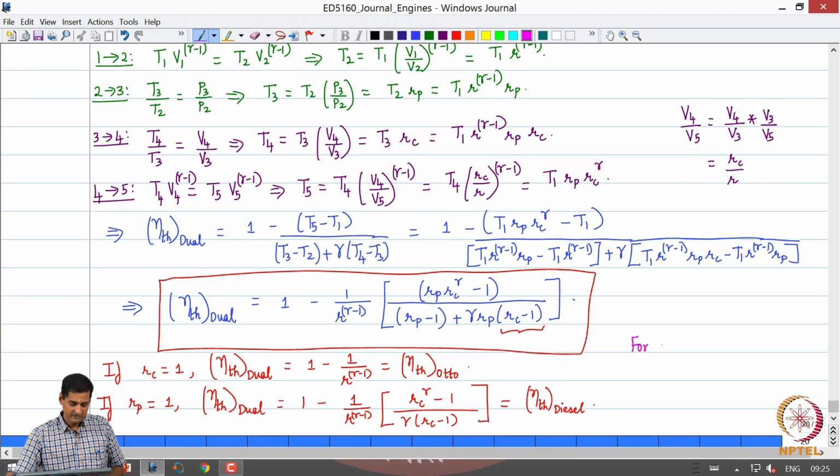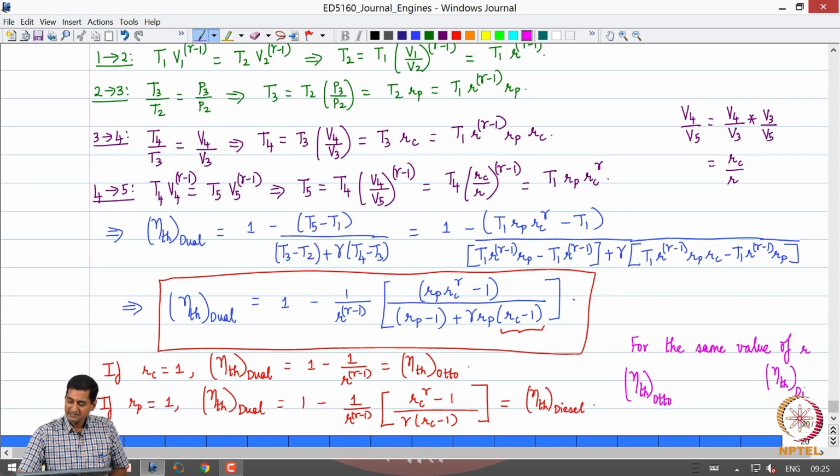In general, for the same value of compression ratio R, we already learned that the thermal efficiency of the Otto cycle is greater than that of the diesel cycle, and the thermal efficiency of the dual cycle is somewhere in between.